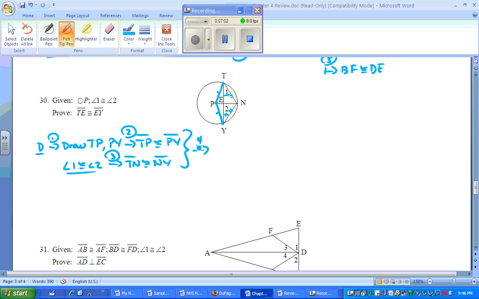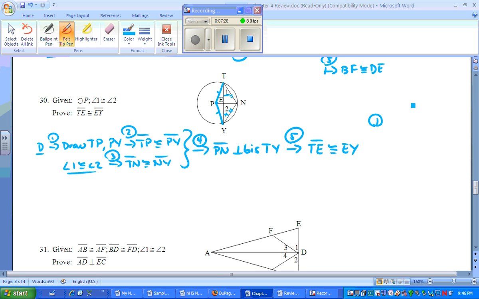This will cause us to have the perpendicular bisector. So PN is the perpendicular bisector to TY. And then from there, we can say that TE is congruent to EY.